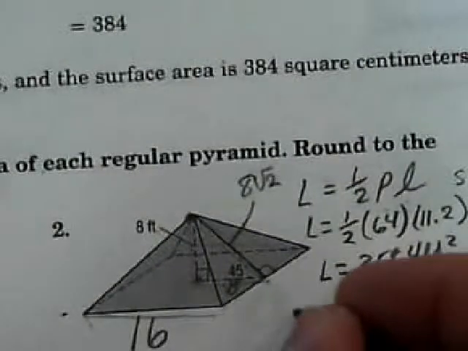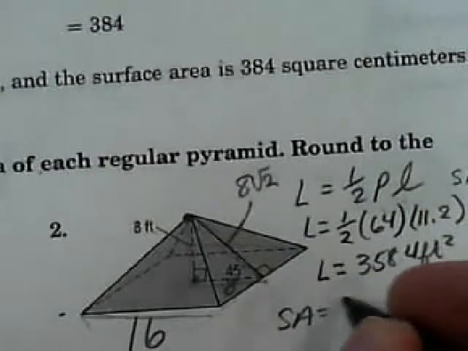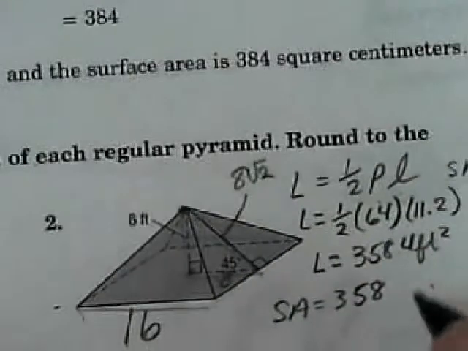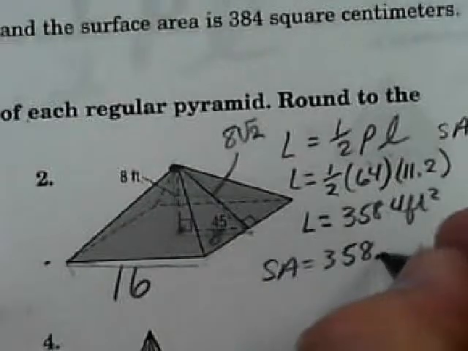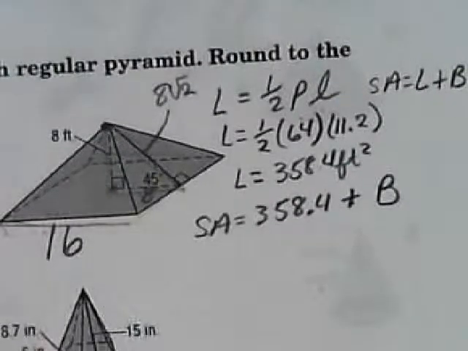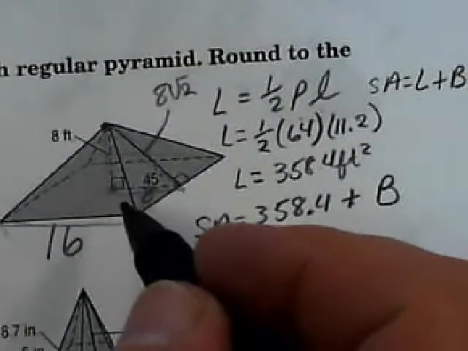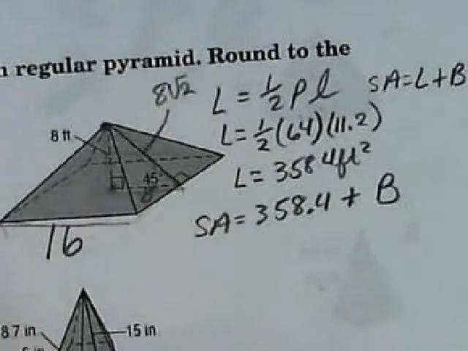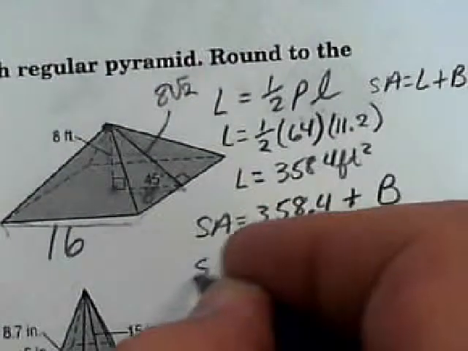Now to find the total surface area, I have to take the 358.4 and add that to the area of the base, which isn't too bad this time, because I have a square, so the area of the base would be 16 times 16, 256.